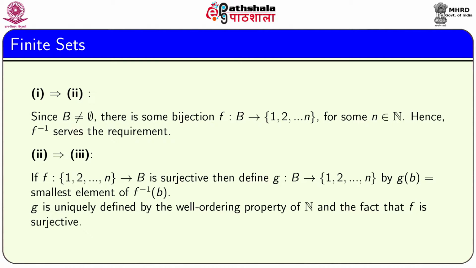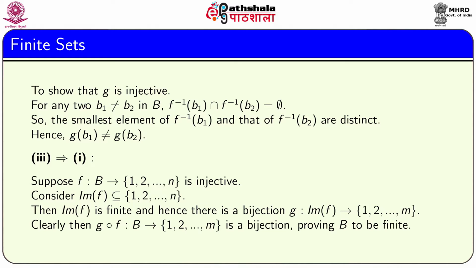Now, since function f is surjective, each f inverse b is a non-empty set, and since it is a non-empty finite set, we can pick the smallest element from that, thereby define G(b) uniquely.